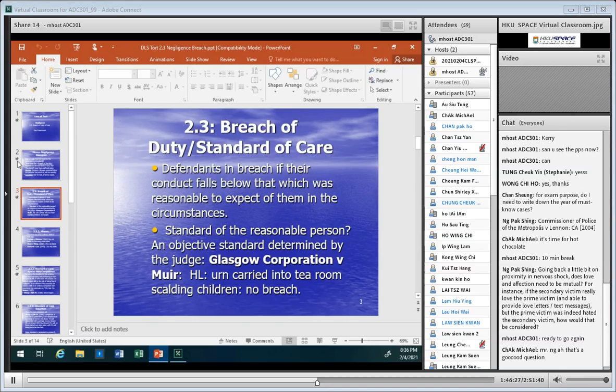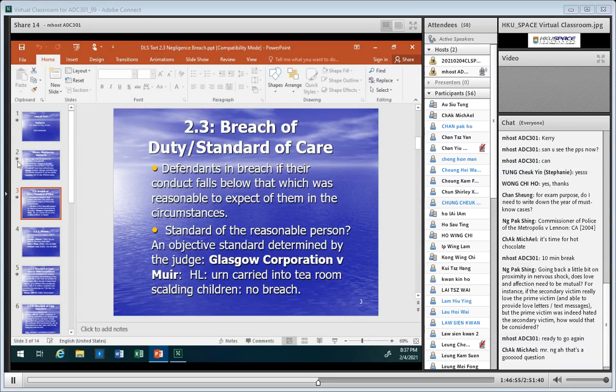And the court found that in this particular case, the defendant had done everything reasonable to protect people from being injured. This is just on the facts itself. Short of telling everybody to go home, there's no way that Glasgow Corporation could have totally avoided an accident occurring in which tea might have been spilled on somebody.